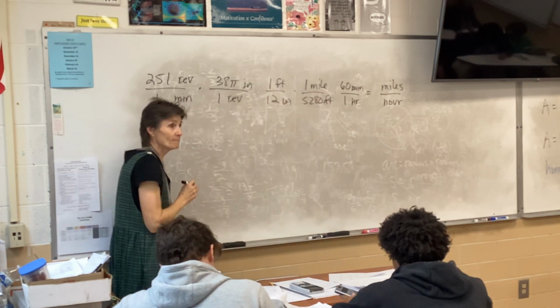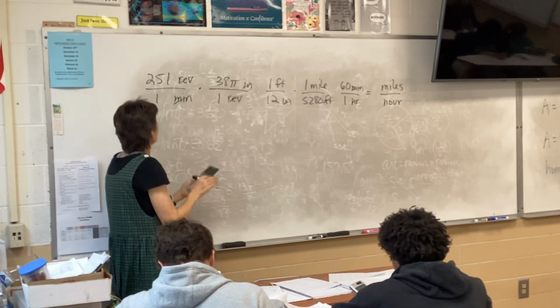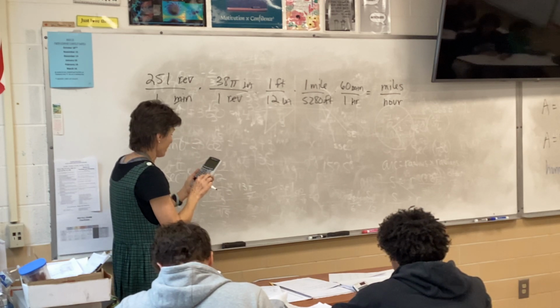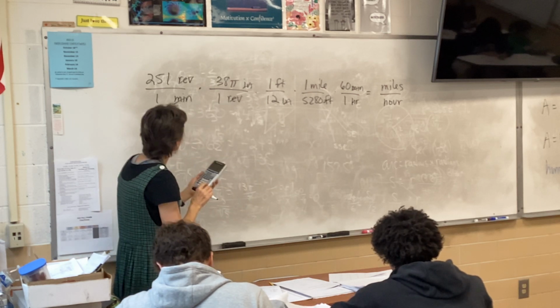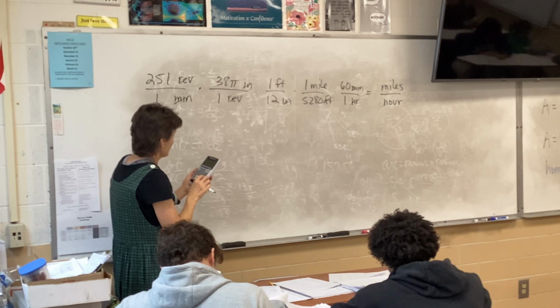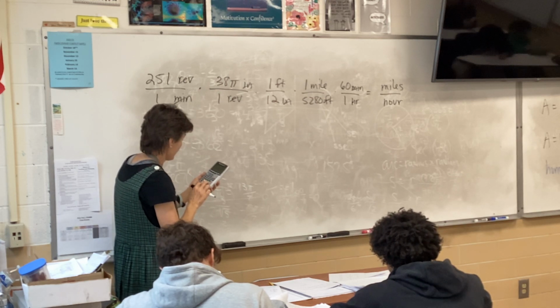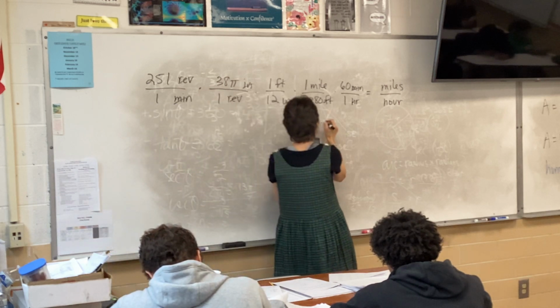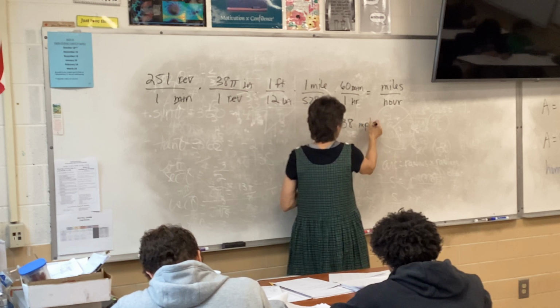And are we done? So 251 times 38 pi times 60, divided by 12 and 5280. I got 28.38 miles per hour. What about you?